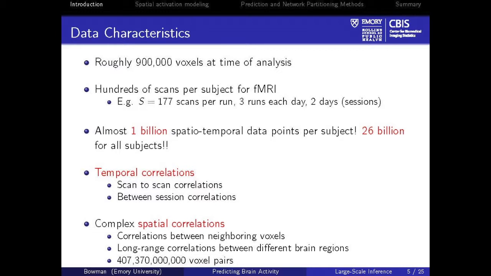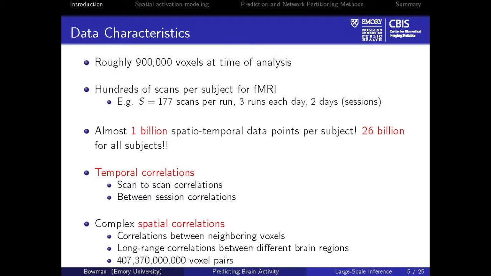The visual system is one good example, where a lot of the visual processing is done in the back of the brain, but you have long bundles of axonal fibers that connect to other areas of the brain for processing. So you get distant voxels that are highly correlated, which is not true in many areas of spatial statistics.